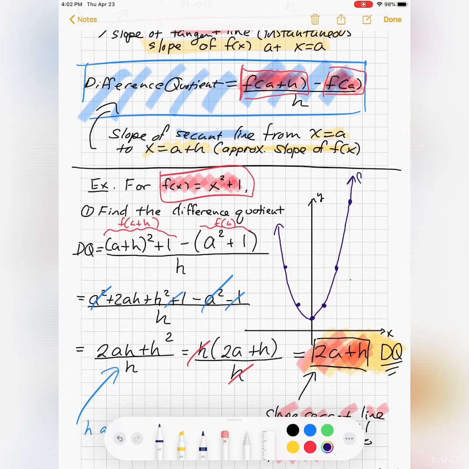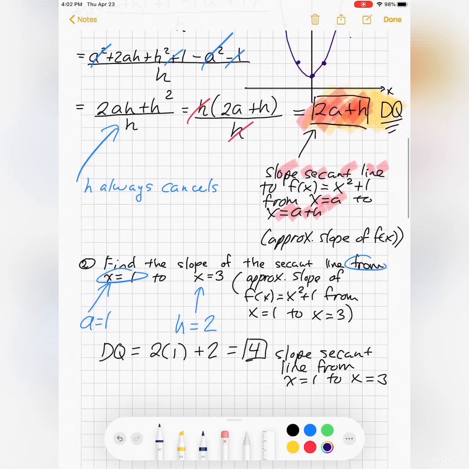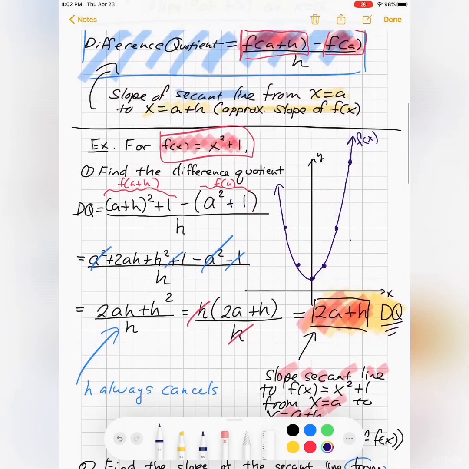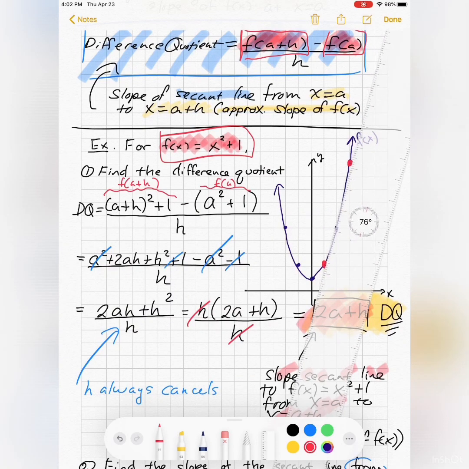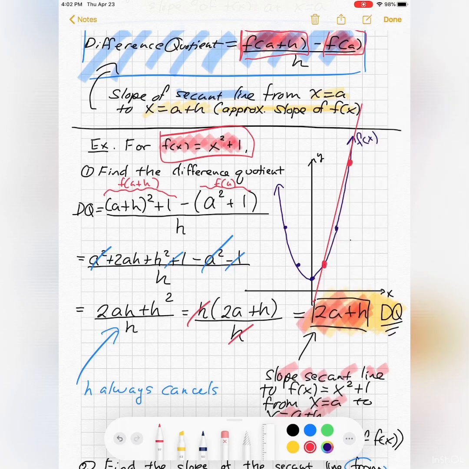Parabola, looks like so. Okay, so I found the slope of the secant line from 1, it's here, to 3, that's here. So it looks something like that. That point and that point.